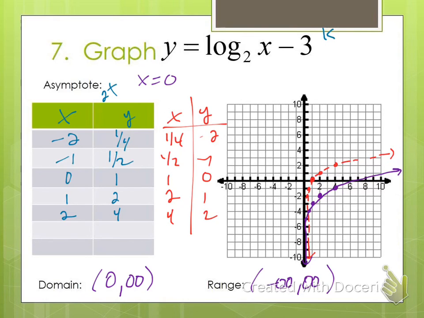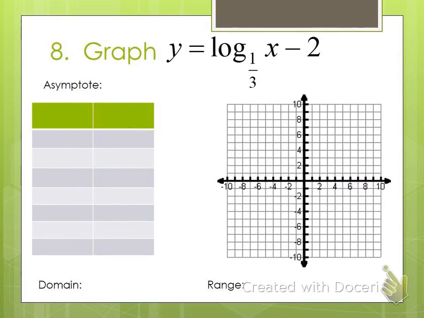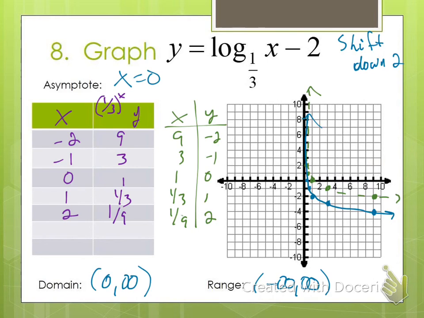All right. Here's another one for you, but this time we've got a fraction for our base. So I'm going to let you graph this one. Stop the video, start it back up, and see if you graphed it correctly. Okay, there you go. The logarithmic table should be 9, -2, 3, -1, 1, 0, and the third one, 1/9, 2.